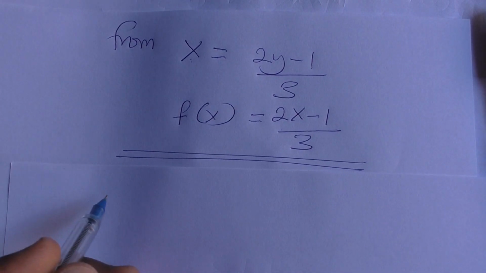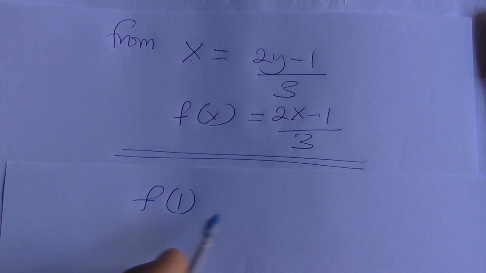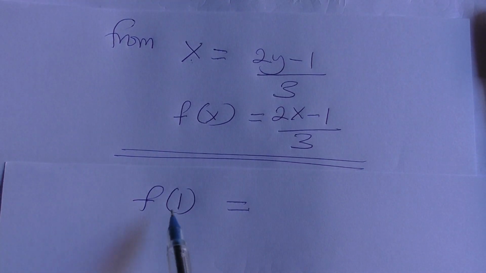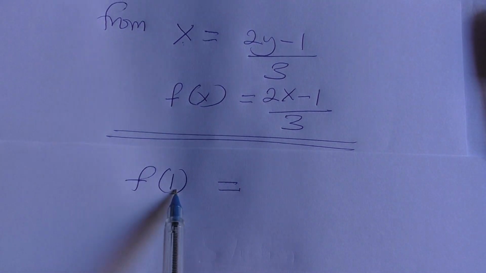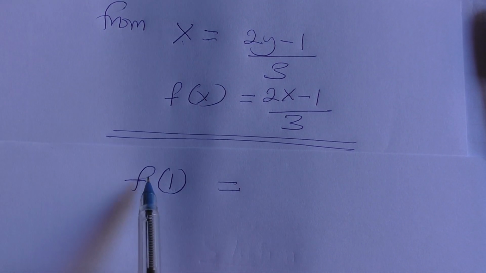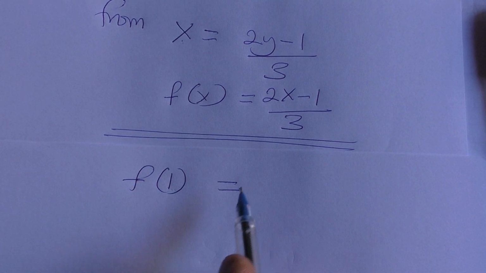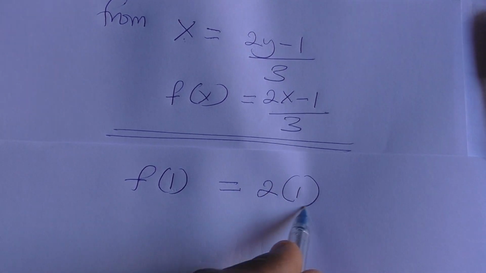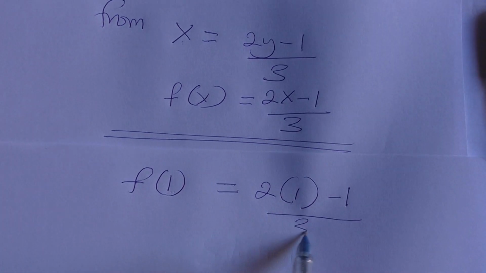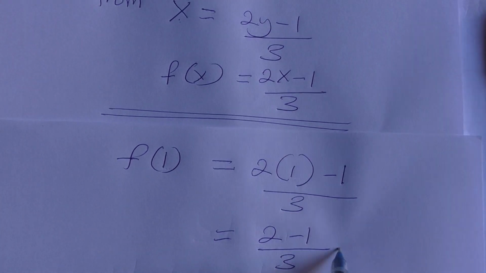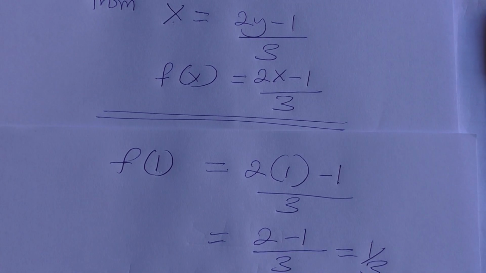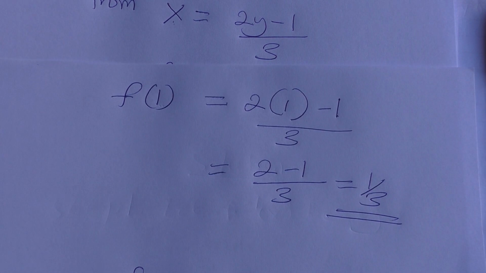So f of 1, where there is x is where we shall replace with 1 on both sides. They have replaced it on the left hand side. We are doing the same on the right hand side. That is 2 into 1 minus 1 over 3, hence giving us 2 minus 1 over 3, which is a third. So that is how we get the inverse of a function.